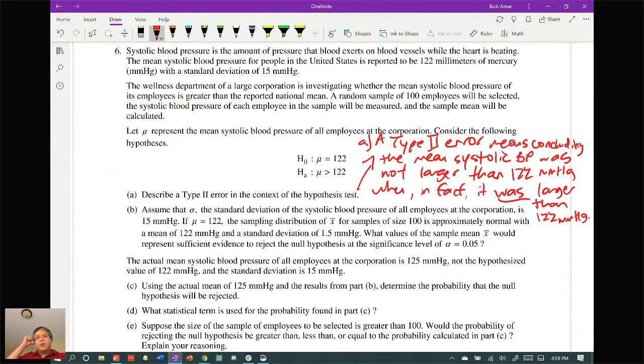It's not enough just to write we failed to reject the null hypothesis when we should have and leave it at that. Here's the context. So this means concluding the mean systolic amount was not larger. In other words, this is failing to reject the null hypothesis.